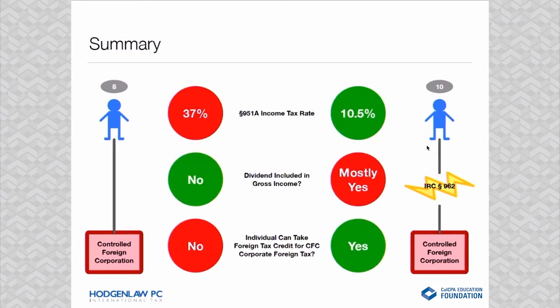And here's the addition of all the threes, good, bad, and the ugly. And I've got to say, and you'll see the math as it comes through, that the ability to take the indirect foreign tax credit is the critical element of making the Section 962 election, yes or no.